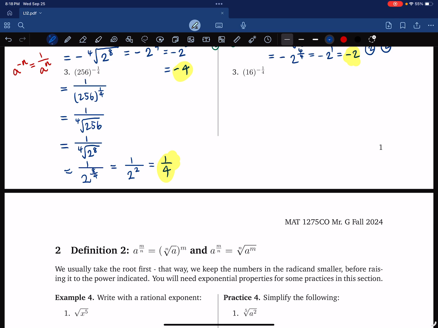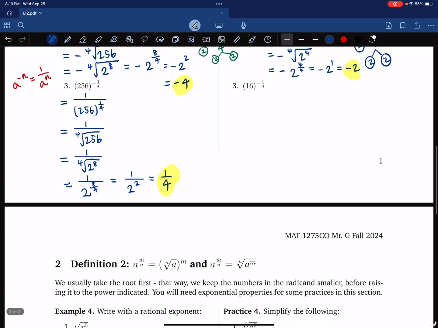Let's do the practice side together. It's 16 raised to the power of negative 1 over 4. So same thing, we're going to deal with the negative sign first. Write it as 1 over 16 raised to the power of 1 over 4. And then we could use the same tree diagram to rewrite this.